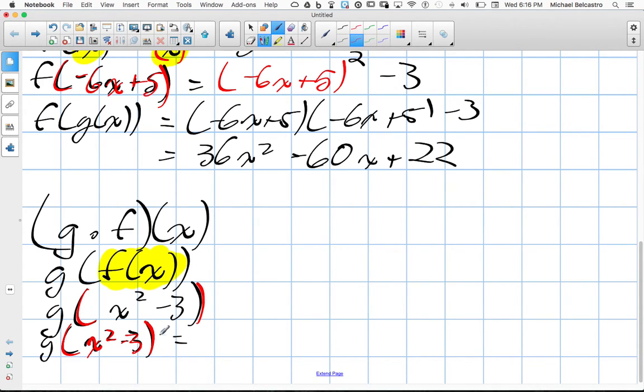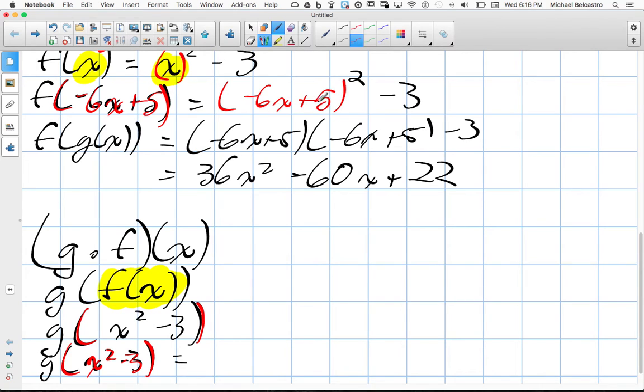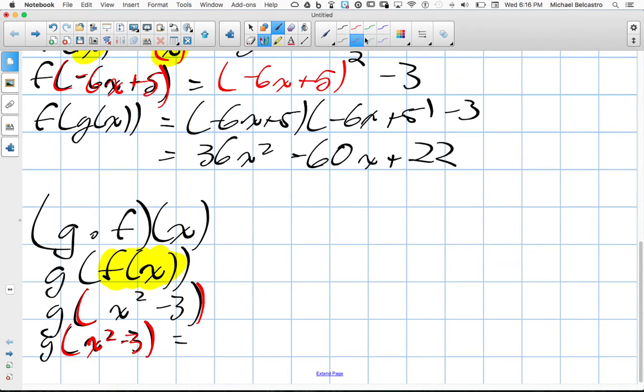The g at x function was negative 6x plus 5. So the negative 6 stays, that's the coefficient. The only thing that changes is the variable. And the variable is no longer x. The variable is now x squared minus 3. So it's just taking the place of that x variable. It's negative 6 times x squared minus 3, and then plus 5, the constant stays.